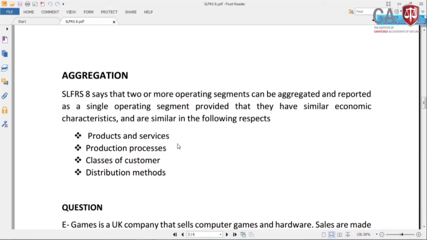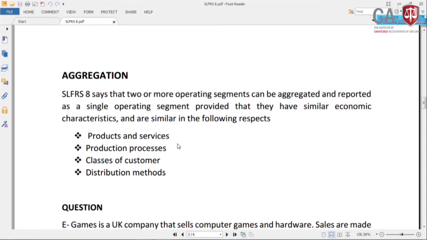Now, without making the financial statements so lengthy, some of the segments which have similar characteristics can be combined together. The birds of the same feather flock together. Likewise, the segments which have similar economic characteristics can be combined together. So, how do we combine? What should be the aggregation criteria? What criteria should be used for this merge?